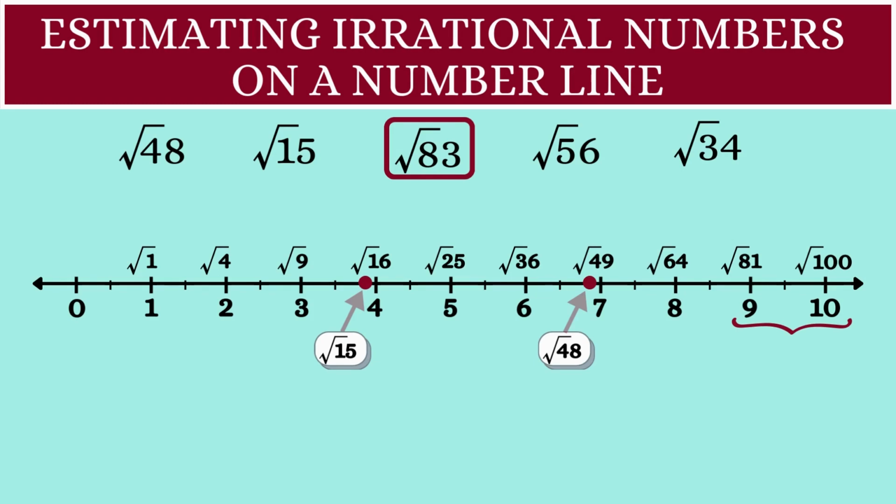This time, without writing all the numbers between 81 and 100, we can easily estimate that square root of 83 should fall somewhere close to square root of 81. So, we'll mark the square root of 83 here.